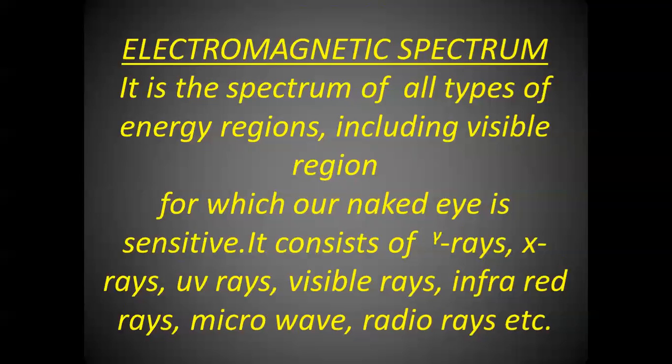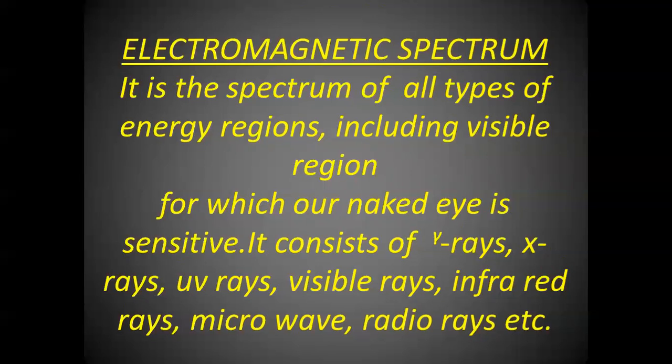Anyway, next to it is the electromagnetic spectrum. After understanding EMR, that is electromagnetic radiations, now we will take the electromagnetic spectrum. What does it contain, what actually is it? It gives you energy of different regions.